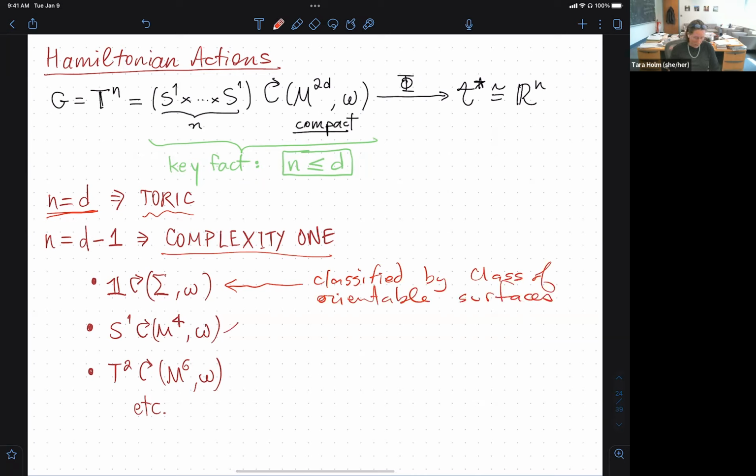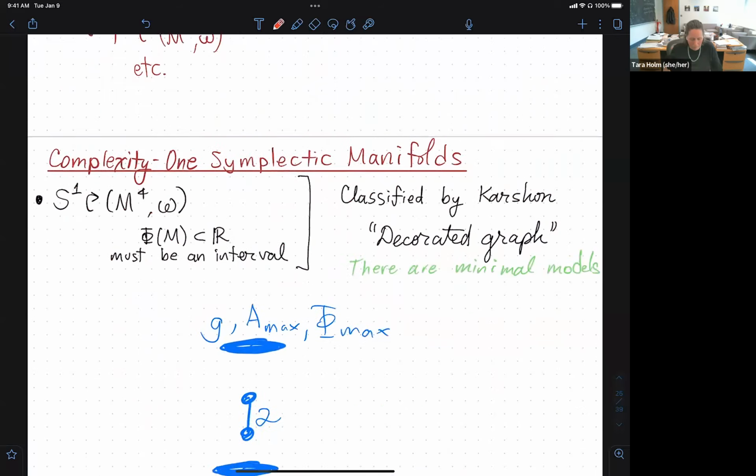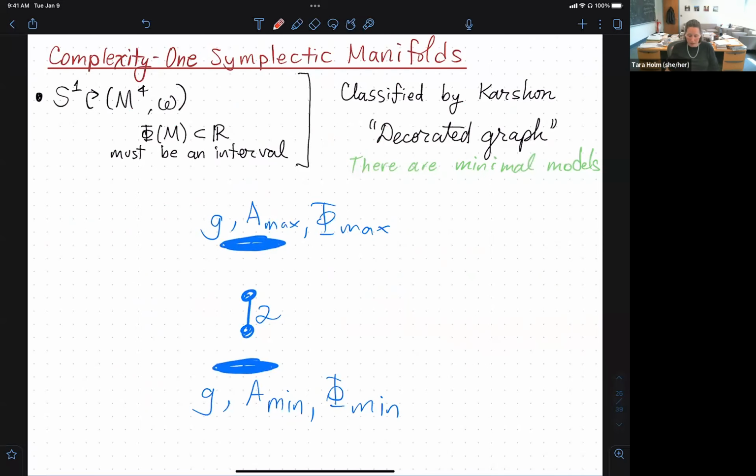And then the next case of interest is Hamiltonian circle actions on 4-manifolds. As I alluded to, these are always Kähler. These are classified by Karshon in the, oh goodness.